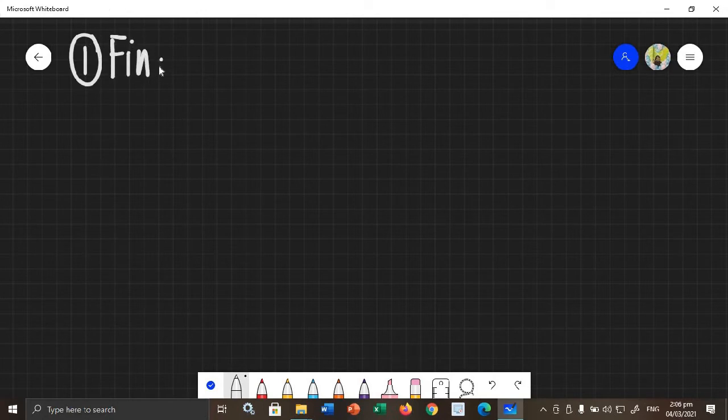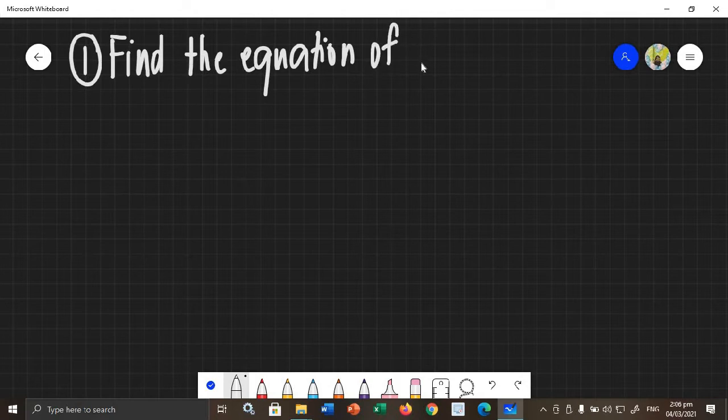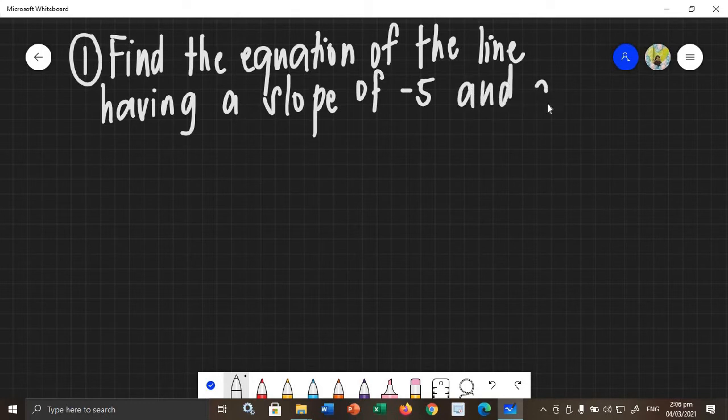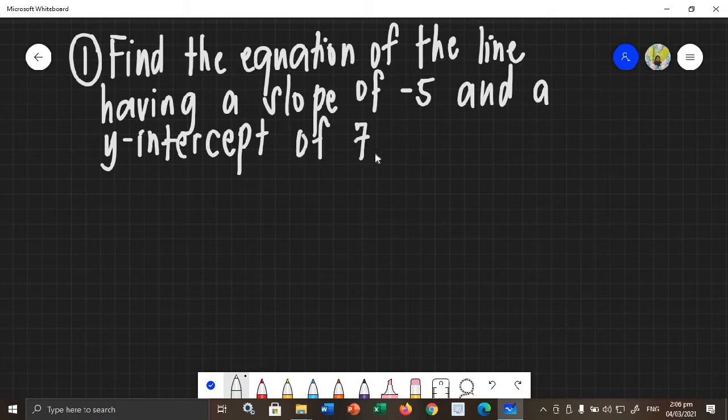So let's say we will be finding the equation of the line that has a slope of -5 and a y-intercept of 7. Okay? So, review muna tayo.